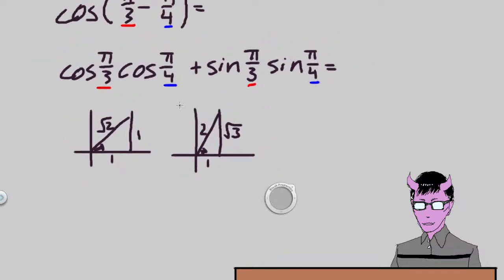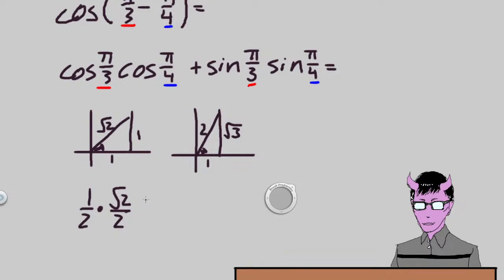So those are the reference triangles. So what is cosine of pi over 3? It's going to be this one, 1 over 2. And then cosine of pi over 4, 1 over root 2, aka root 2 over 2. So we're done with that one.